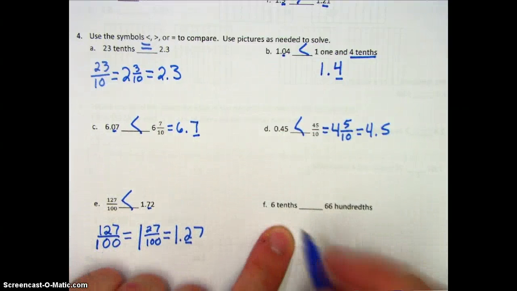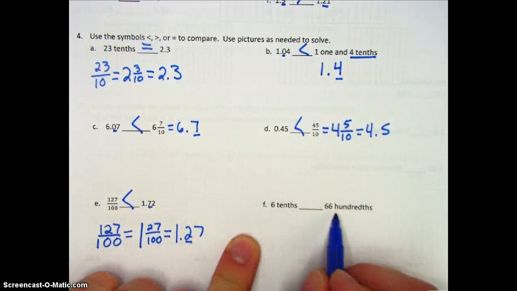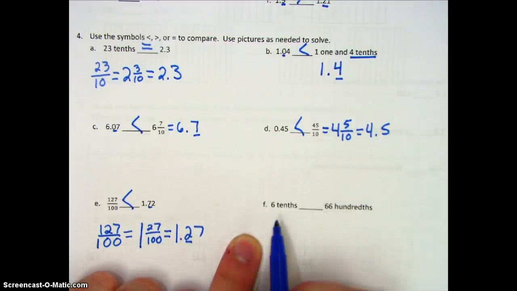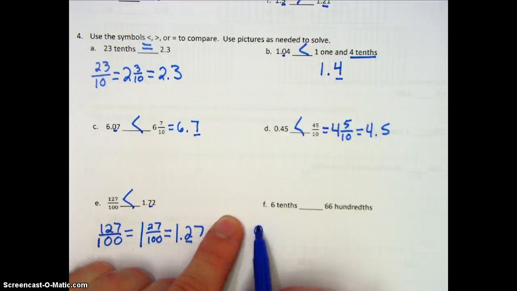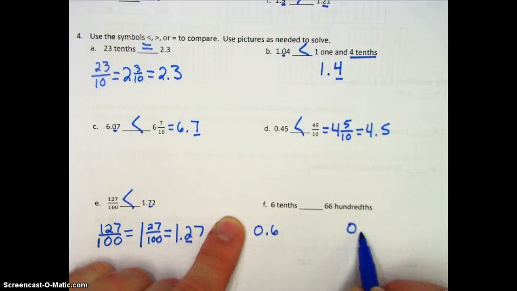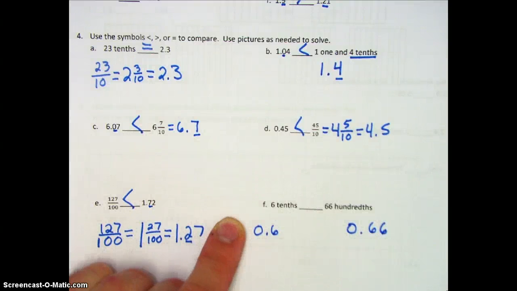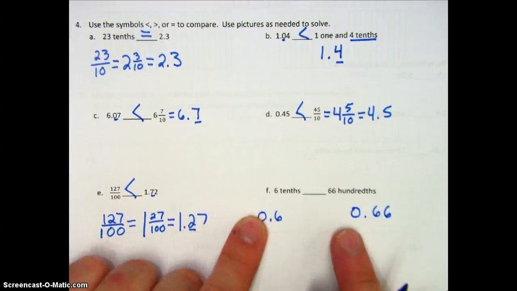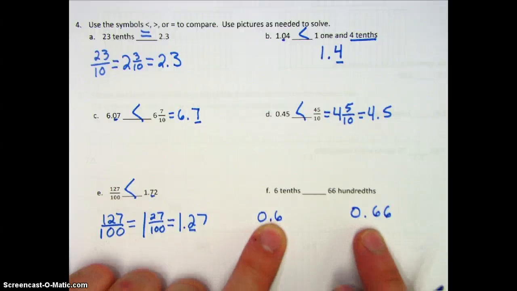Okay, next one we have 6 tenths versus 66 hundredths. So there's a few different ways we can do this. So if we think about it as a decimal, we have 6 tenths versus 66 hundredths. Okay, so they both have 0 in the ones place. They both have a 6 in the 10th place.